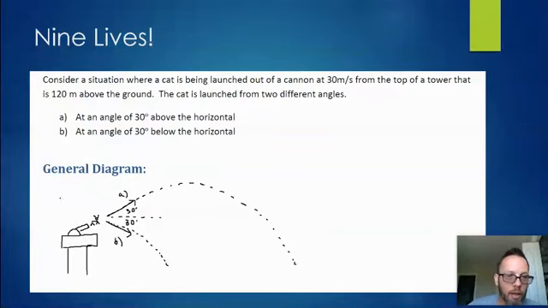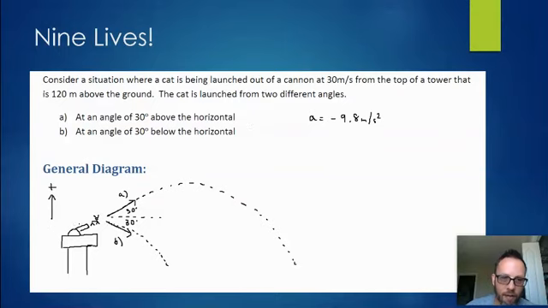In our last lesson, I used down as positive for our projectiles because they were landing down. In this particular problem, I'm just going to mix it up, and I'm going to choose up to be positive. So a couple things to keep in mind for each of these parts. Our acceleration will be negative 9.8 meters per second squared.